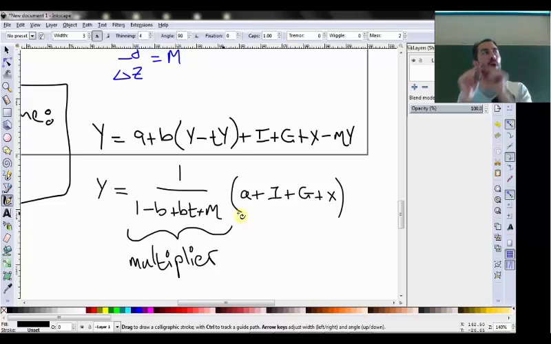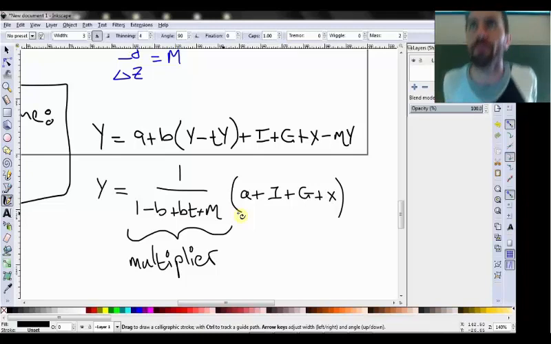Secondly, we have a marginal propensity to import, which means that when our income goes up, instead of spending all our income on goods and services in our own economy, we spend some of it on goods and services in other economies. So the multiplier is made smaller, it's reduced, because there are now leakages in the system.